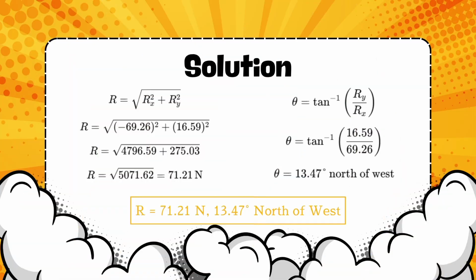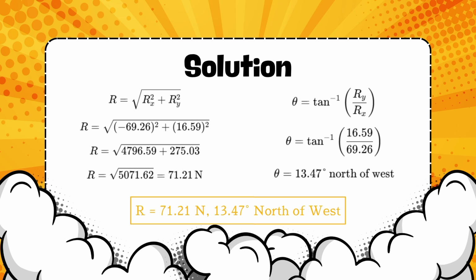For step 4, we will find the magnitude of the resultant using the Pythagorean theorem. So the resultant is equal to the square root of x squared plus y squared. So we're just going to substitute. The square root of negative 69.32 squared plus 16.09 squared. The answer will be 71.21 newtons.